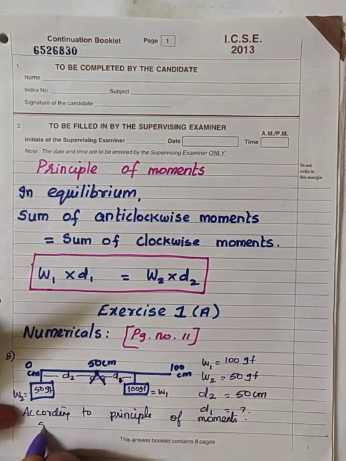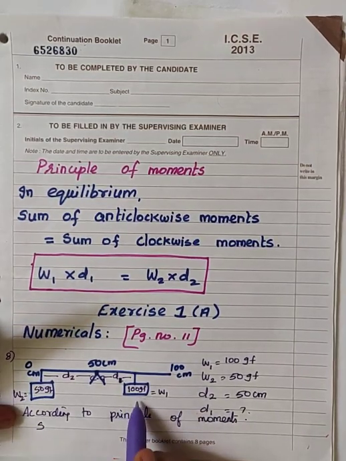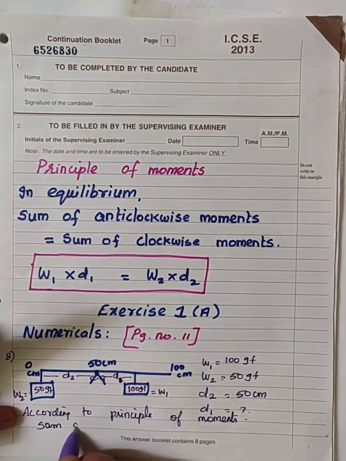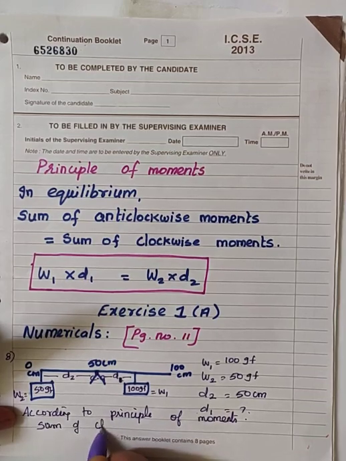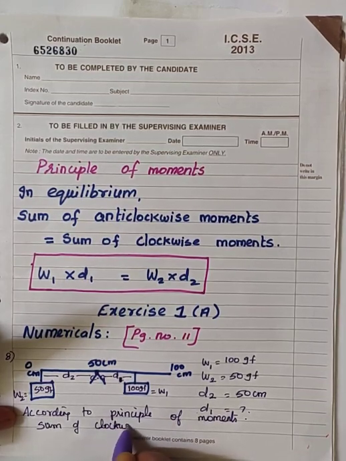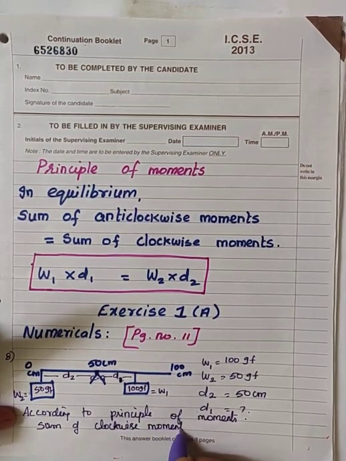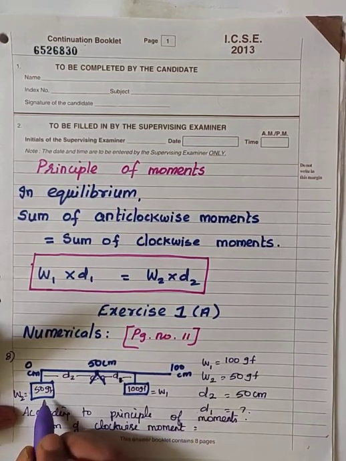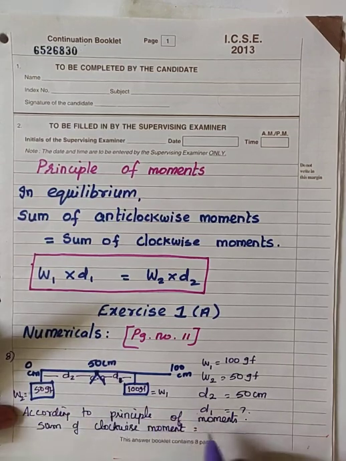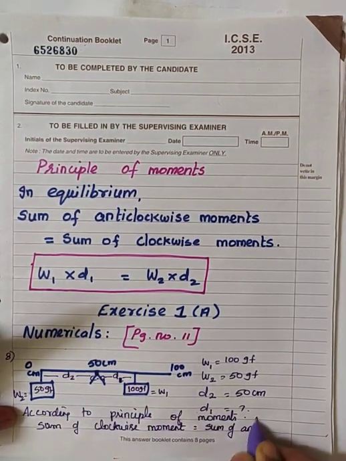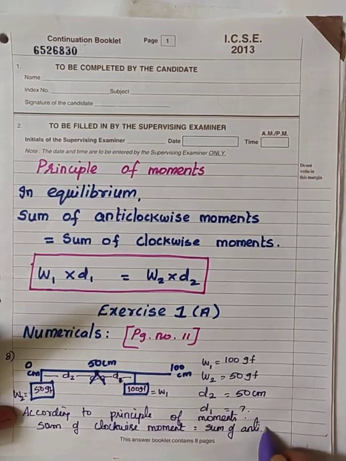The 100 gram force will produce clockwise moment. So I have to write: sum of clockwise moment is equal to sum of anti-clockwise moment, as this 50 gram force will produce anti-clockwise moment.